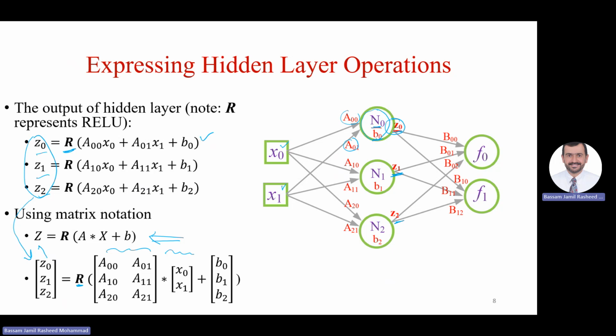So in matrix notation, this is how we express it. This is vector Z. This is matrix A. This is vector X of the input. And this is the vector of the bias. So this is the matrix notation right here. You can see the difference. This is complicated, even with a small network.